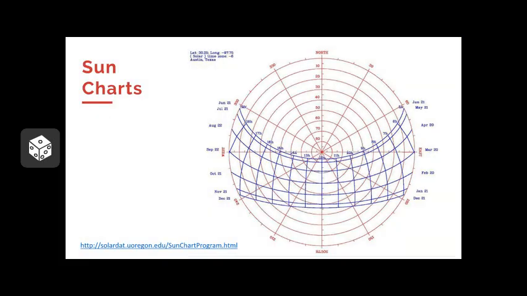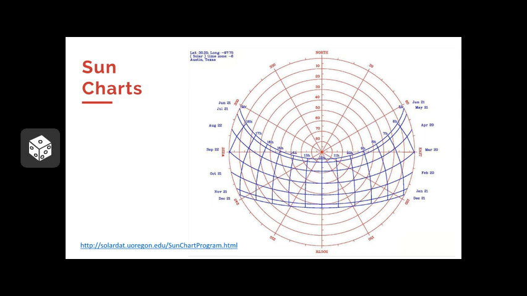This is a tool that we have used ever since I was in school doing daylighting design. They're called sun charts. And by the way, you can download sun charts from the University of Oregon website. You put in your latitude and your longitude, and it will pull up exactly where everything is.